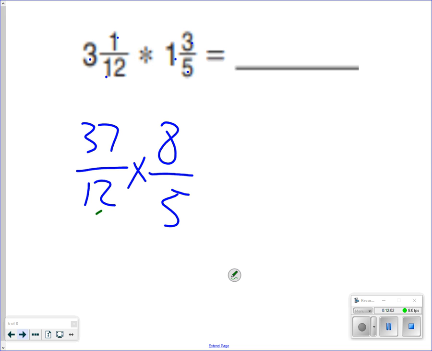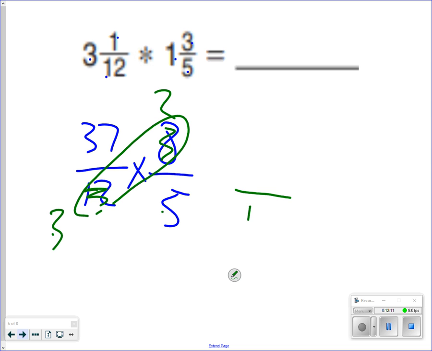Luckily, this 12 and this 8 I can cross reduce. 8 divided by 4 is 2. 12 divided by 4 is 3. I know 3 times 5 for my denominator is 15. 37 times 2, I've got to work that out on the side. 7 times 2 is 14. 3 times 2 is 6, plus 1 is 7, so 74. 74 over 15. Now keep watching, kids.